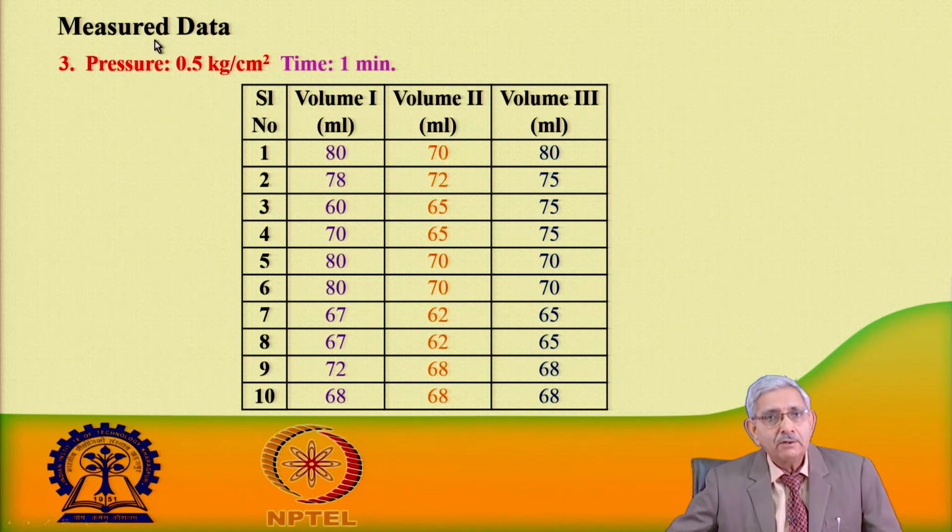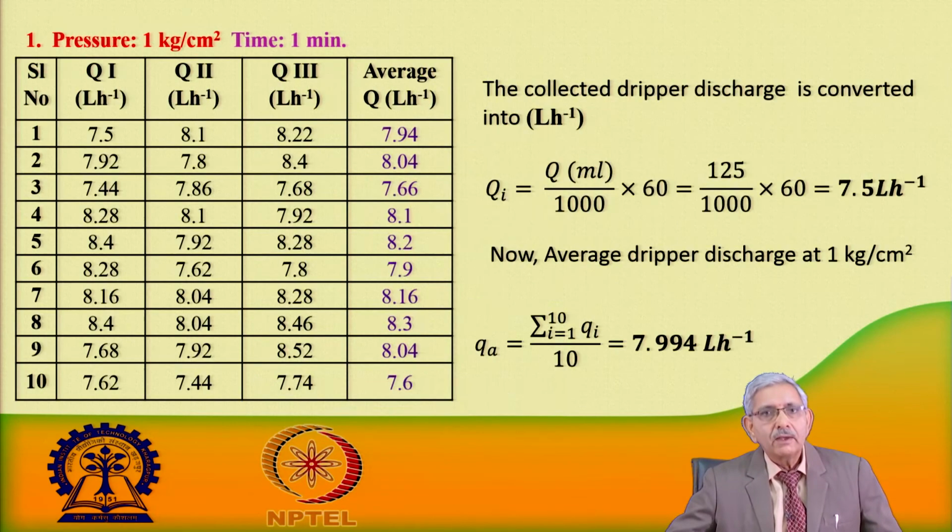Then, when the pressure was reduced to 0.5 kg per square centimeter, the volume of water collected from the 10 drippers was again recorded. Then we will find out the different parameters which are needed. For example, because it was for 1 minute, we calculated the value of discharge.